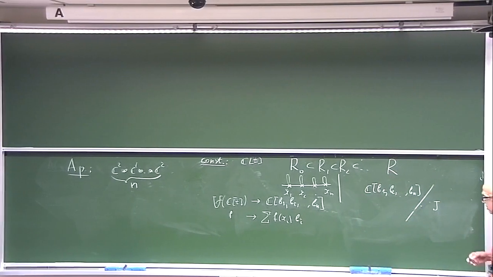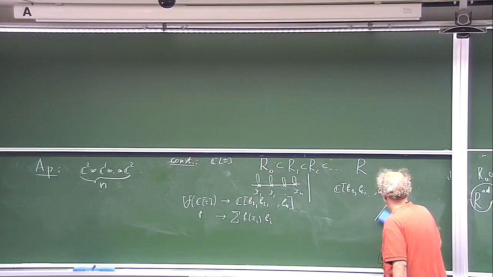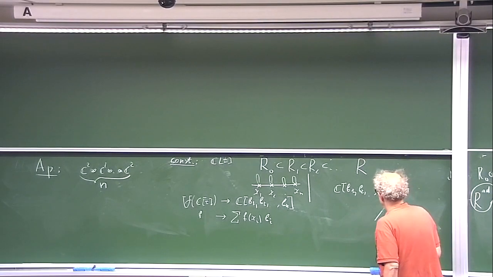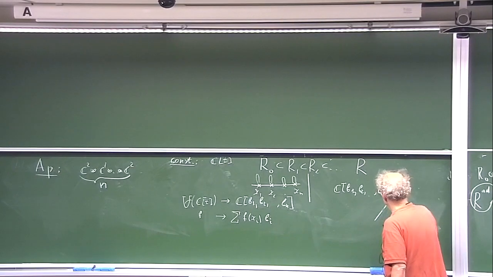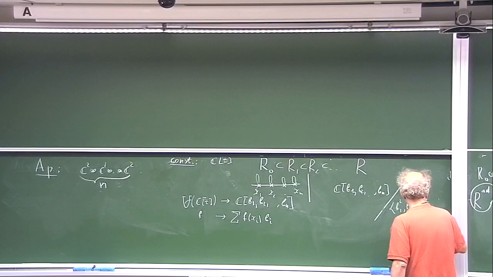And in application, for example, let us take the following ideal, which is generated by the following things: b1 square, b1 b2, b2 square, b2 b3, and so on, b(n-1) bn, and bn square.